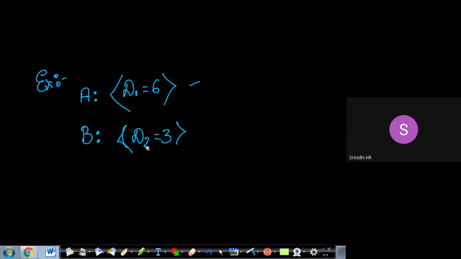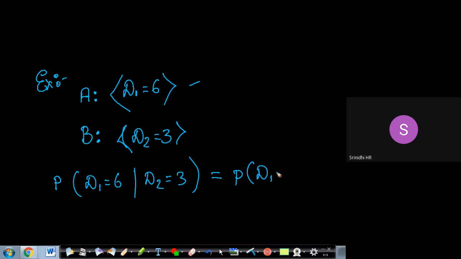If I toss die 2, I should get 3. I'll write the independent event definition: probability of D1 equals 6, given D2 equals 3, is equal to the probability of D1 equals 6.